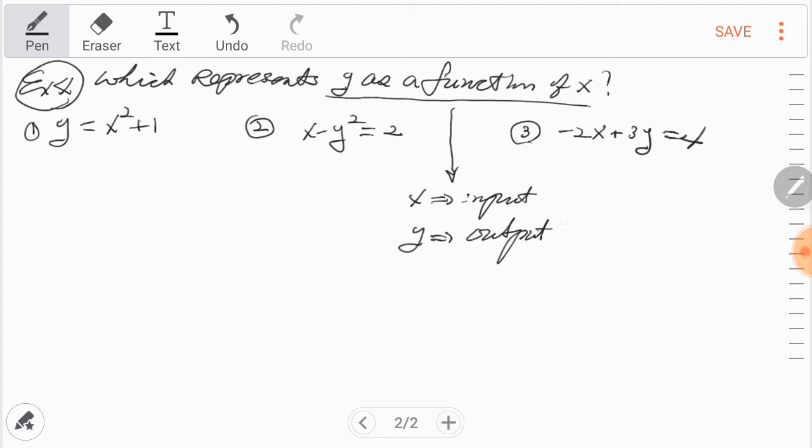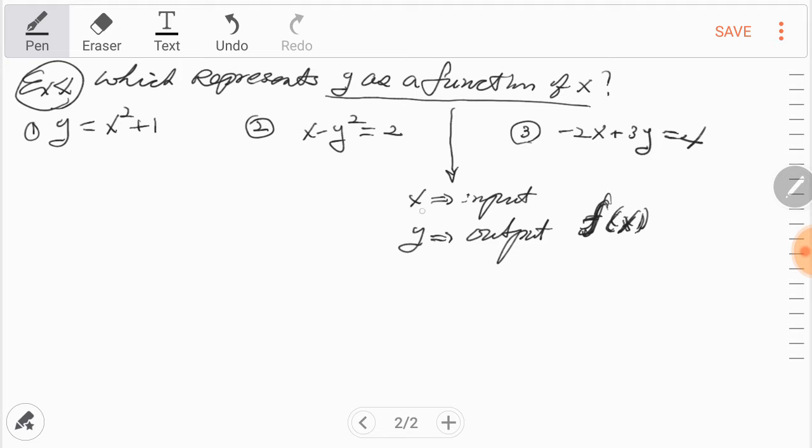The set of x values is the domain, the set of y values is the range. So we can write it as f of x. The function equation is a function of input value x. Function f, whose input is x. So function of x, f of x.